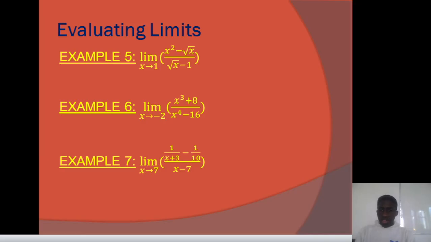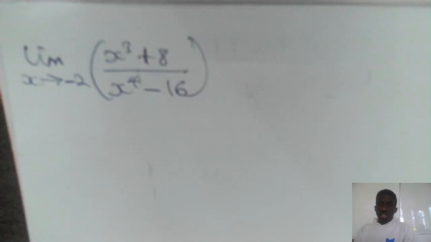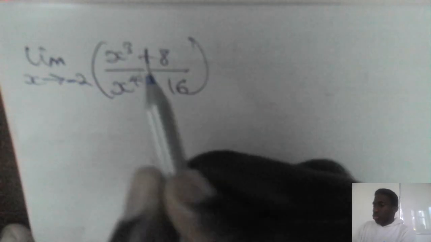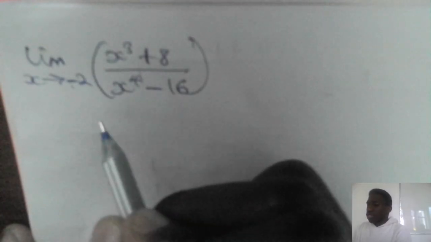So our next example sees us solve this limit. The limit of x cubed plus 8 divided by x to the 4 minus 16 as x approaches minus 2. Now, in order to tackle this problem, we first analyze it.